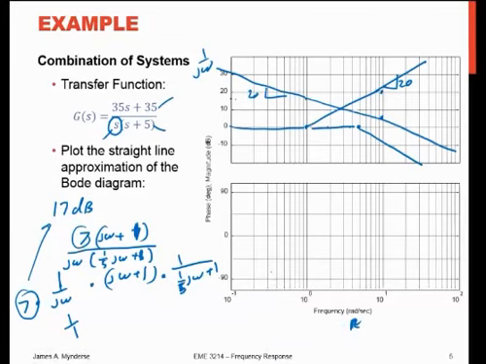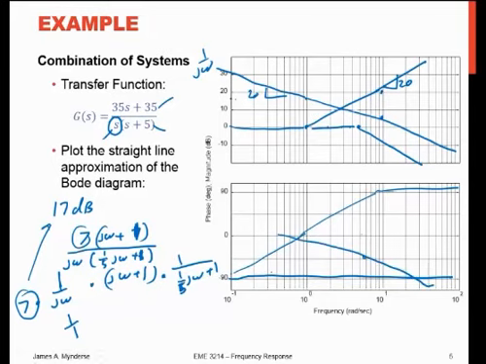Okay? So my pole at the origin gives me a constant 90 degrees of phase. My zero gives me, and I'm just going to roughly sketch this. The zero goes like this, and my pole goes like there, and it goes like that.